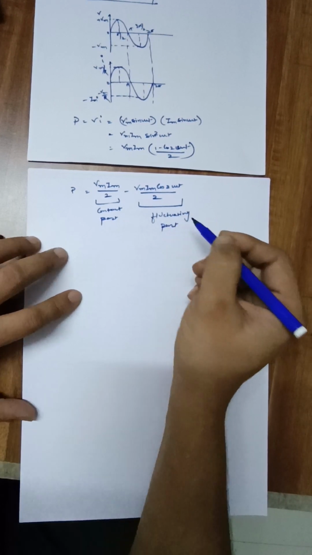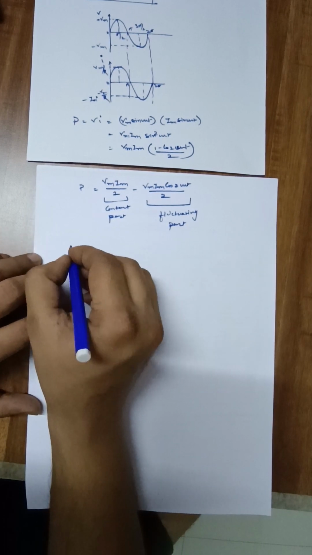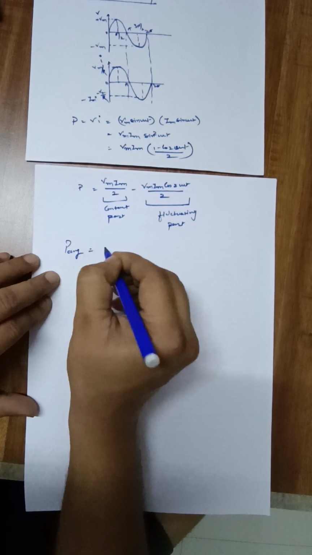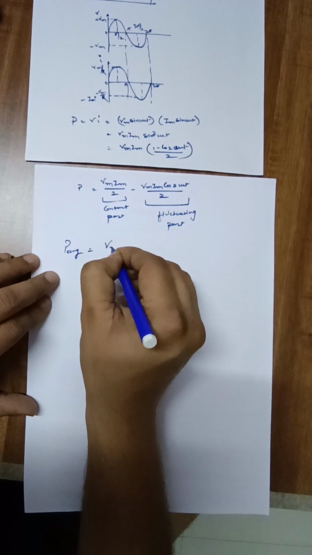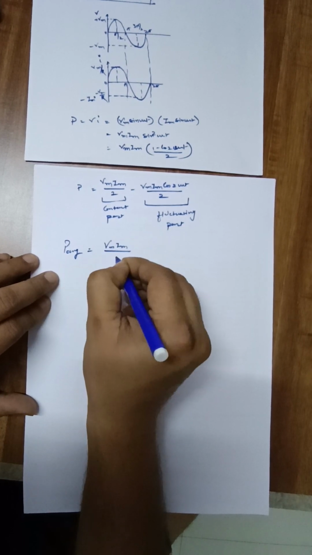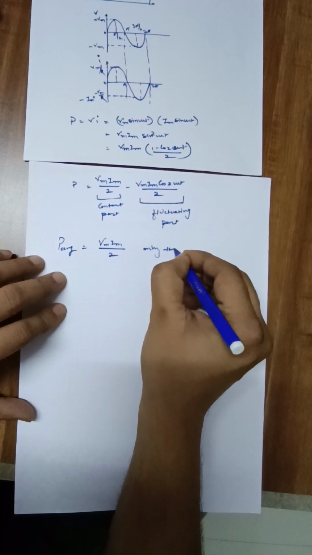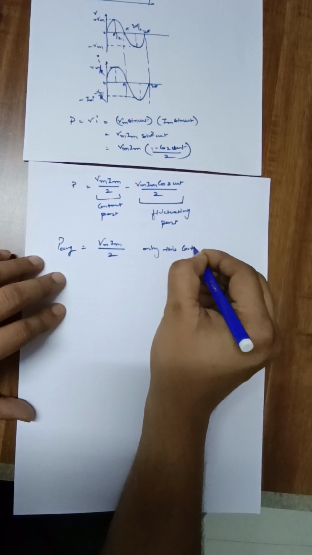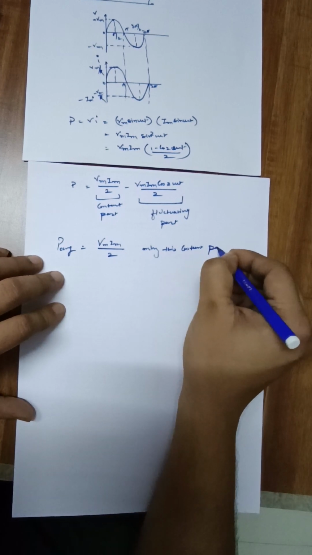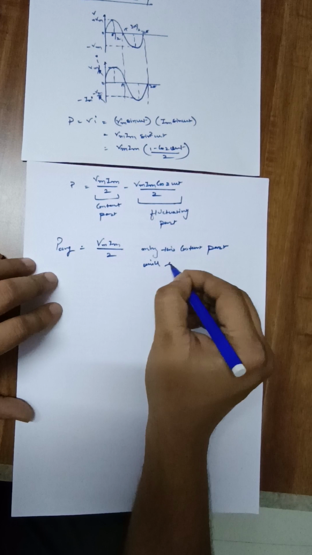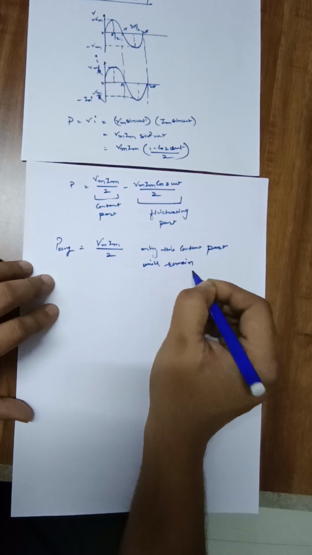Now when we talk about the average power, only Vm Im by 2, this constant part, will remain. Why so?